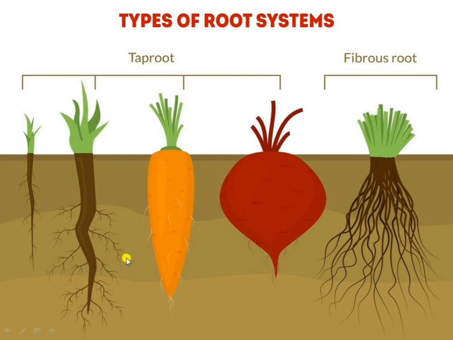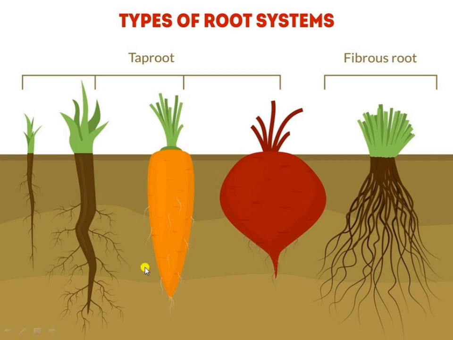They have smaller roots called lateral roots that grow out of the main root. Next, the tip of the main root is covered by a thimble-shaped root cap that protects it from the damage caused by the soil particles.